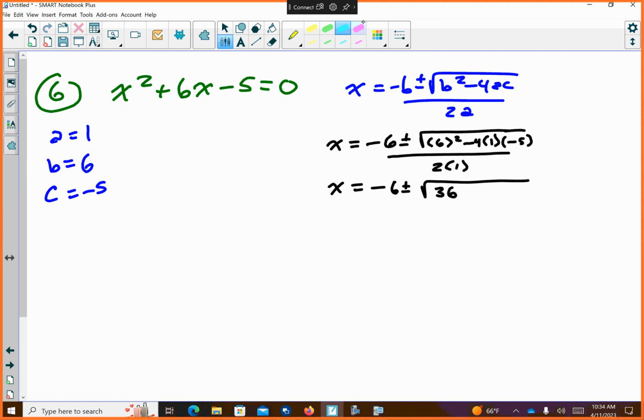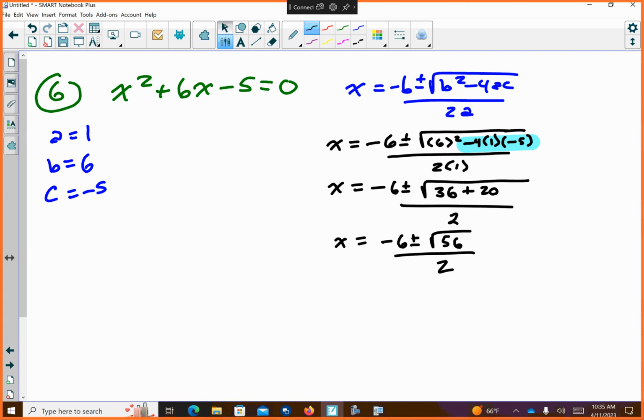Let me highlight this. If I multiply those together, is it going to be positive or negative? It's going to be positive. I have 2 negatives, so 2 negatives multiplied to give me a positive. 4 times 1 is 4. 4 times 5 is 20 over 2. X equals negative 6 plus or minus root 56 over 2.